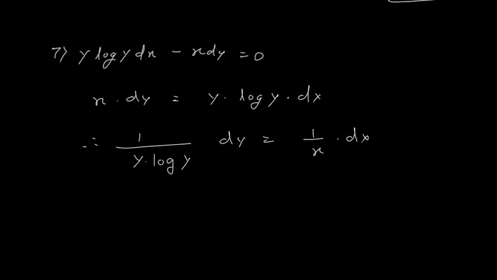Now if I put log y as t on the left hand side, then 1 upon y is its derivative. Derivative of log y is 1 upon y. So therefore you can simply say that 1 upon y, you write that in numerator, divided by log y in denominator and integrate both the sides.